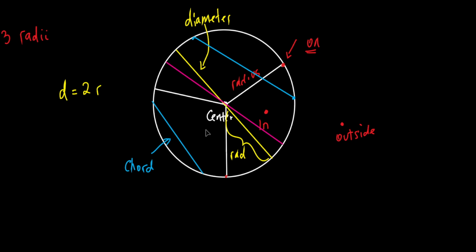A chord, that's right. So the yellow one and the purple one are both chords, but they're a little bit more specific. It's a chord that goes through the center, which means it's a diameter. We got it? Okay.